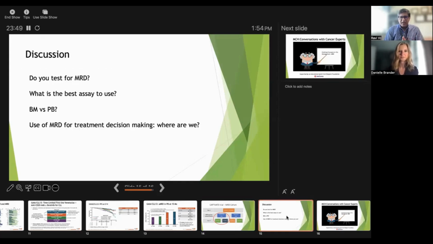So before we end, just a few questions. Do you routinely test for MRD? So routinely, no, meaning for the patients on BTK monotherapy, I don't. For patients on venetoclax-based therapy, I think it really depends how you're going to utilize that for a patient.